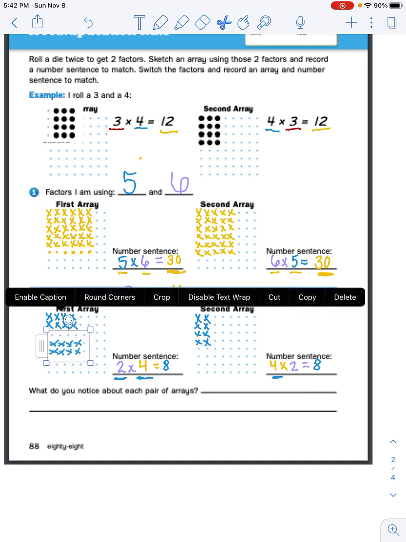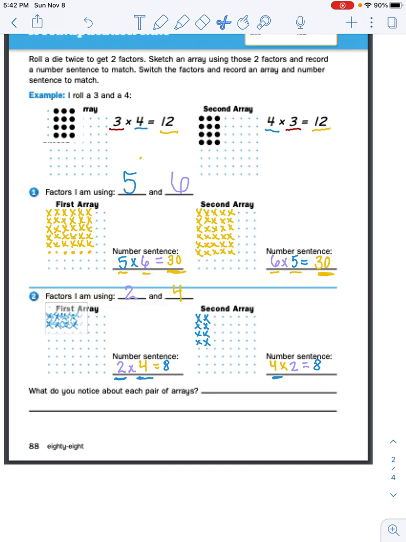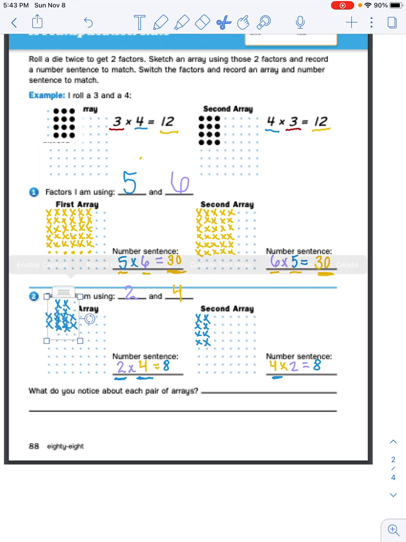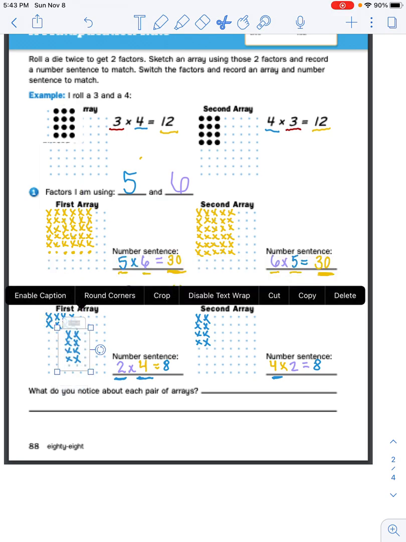Okay, and then I can turn it this way to see if that will be the same on top. Since mine are super messy and they're not dots like up above, it's not going to look exactly perfect, but I can tell that there's not any extras hanging off the side or any extras on the bottom. You can tell that it's the same amount going sideways, but just flipped. Isn't that cool?